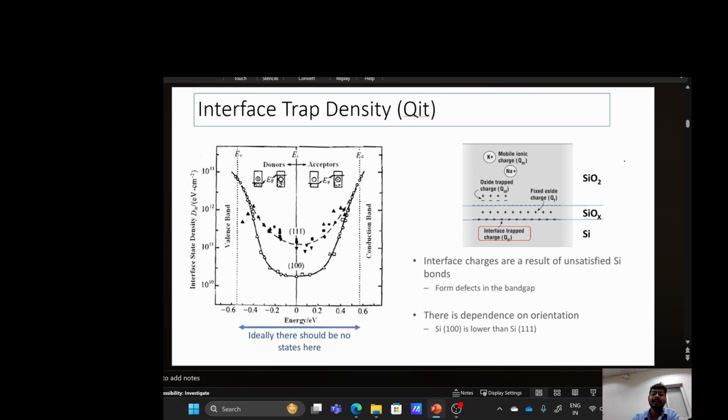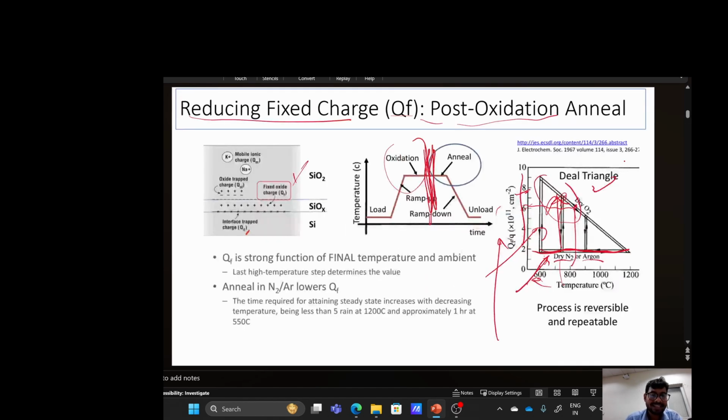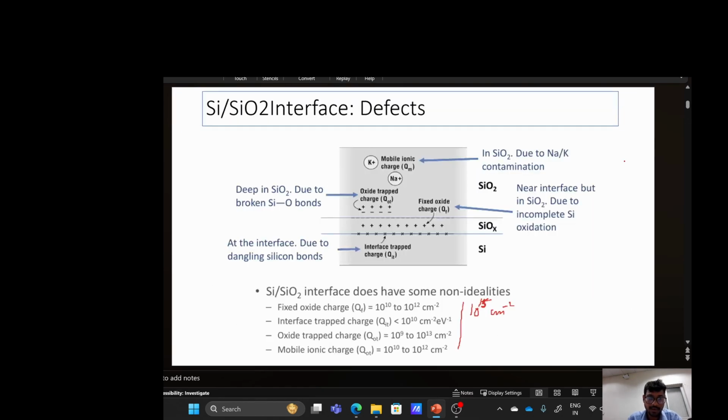Now the interface trap density, QIT, which is at the interface of SiO2 and SiOx, just inside the silicon. What kind of defects are these?